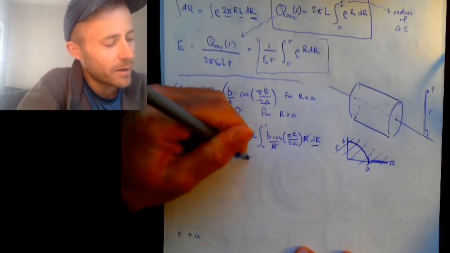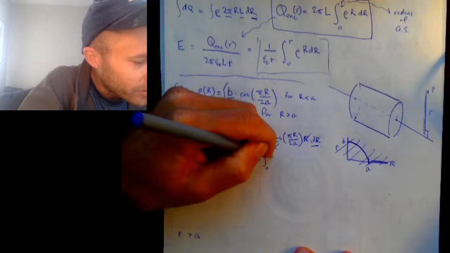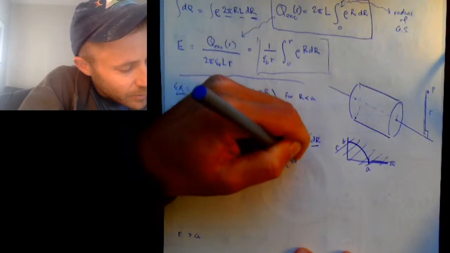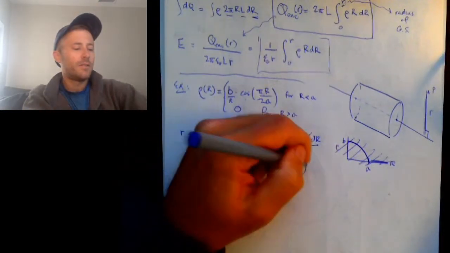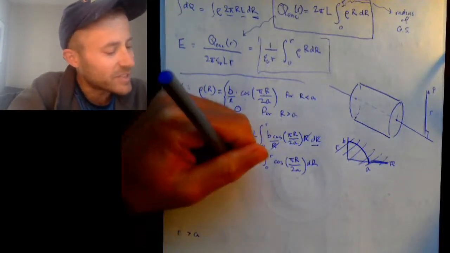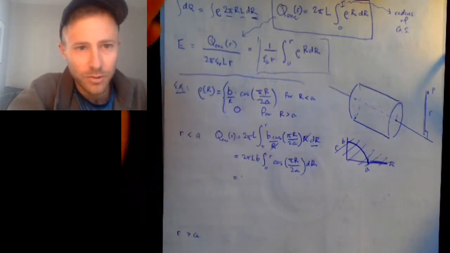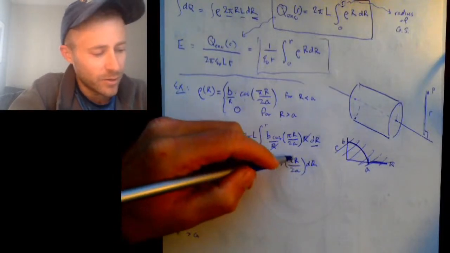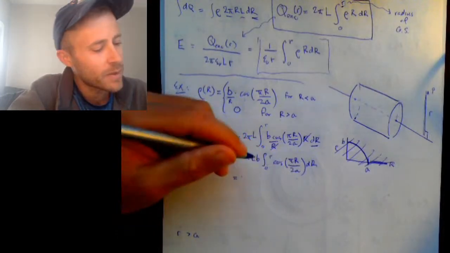So I have 2 pi lb times the integral from 0 to little r of cosine of pi big R over 2a, d big R. So the integral of cosine is sine, and then doing u-substitution, or however you want to justify that to yourself, because the argument of cosine is not just r, it's r times a constant.